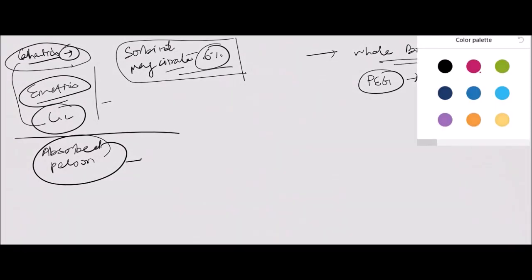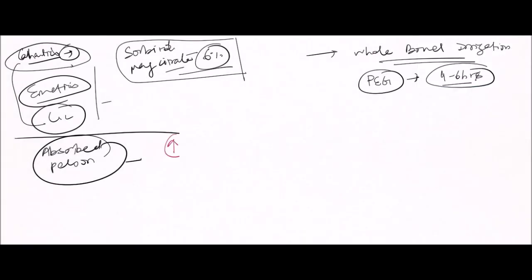So how to remove that? This is one of the important steps. How to remove that poison? One important step is increasing renal excretion. If we increase the renal excretion of that poison, that will also be helpful in removing absorbed poison.